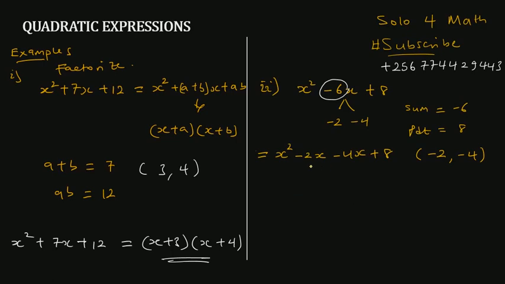After all, -2x minus 4x gives us -6x. That's why we wanted a sum equal to -6, so that when we substitute this, it replaces this. Now after that, we group. You group any two terms, I can take this and this, this and this.